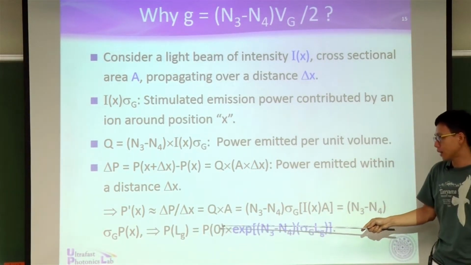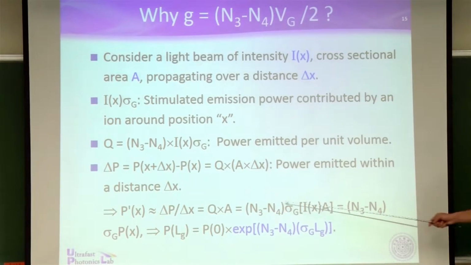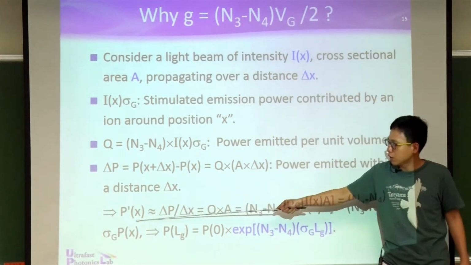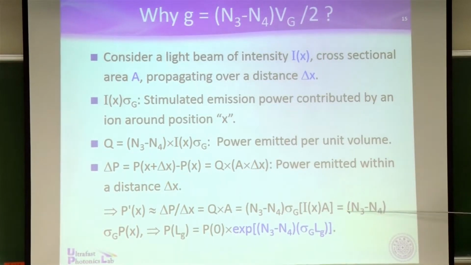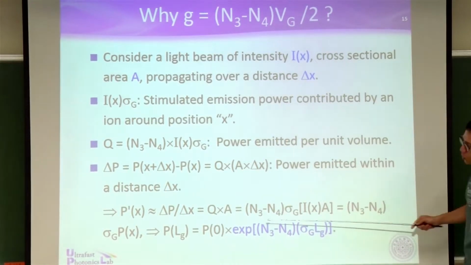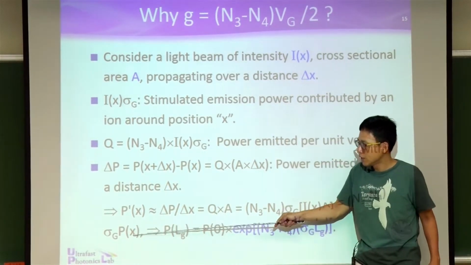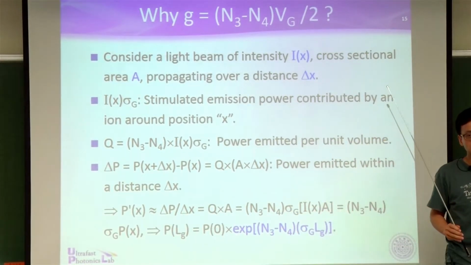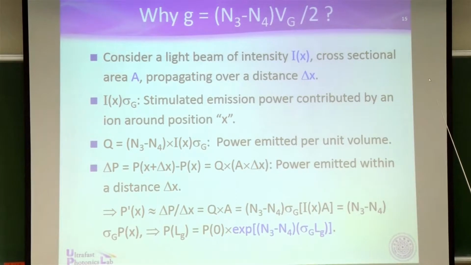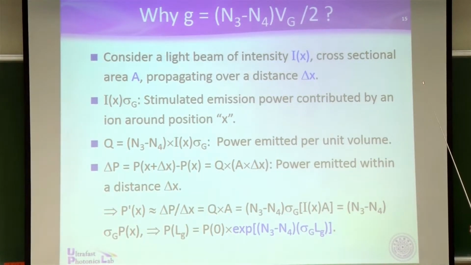So actually you got a differential equation, right? P prime of x equals a constant, (n3 minus n4) times sigma g, times the unknown function P of x itself. This is a first-order ordinary differential equation, which can be easily solved. We know the solution is an exponential function, right?